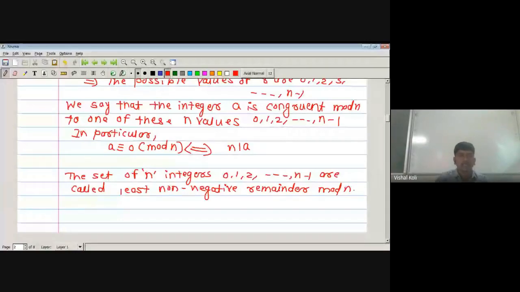Okay, that is residues. Okay, these n integers are called residues.